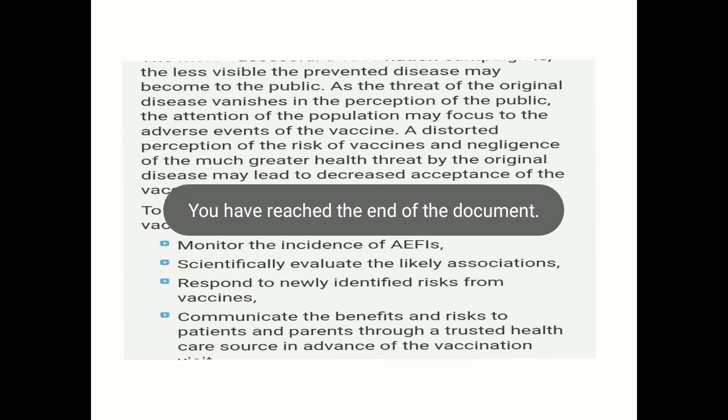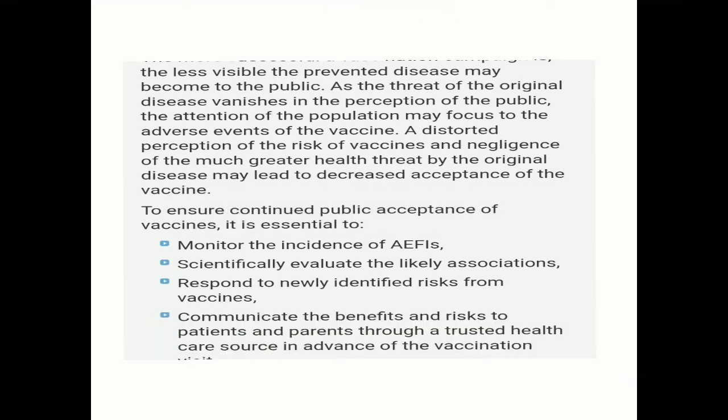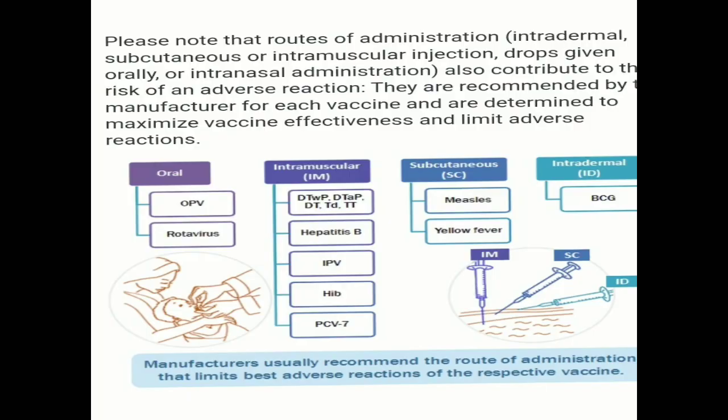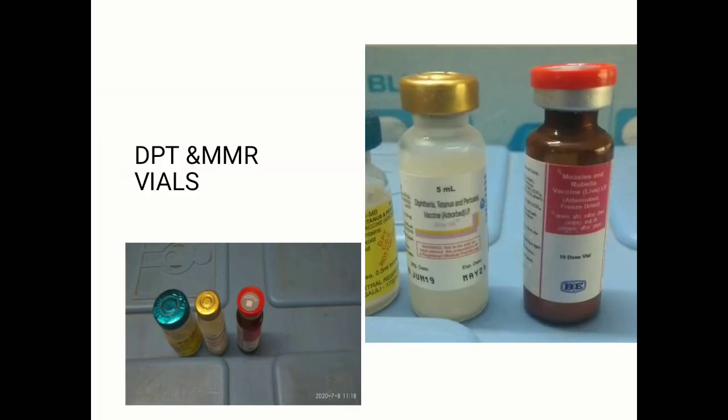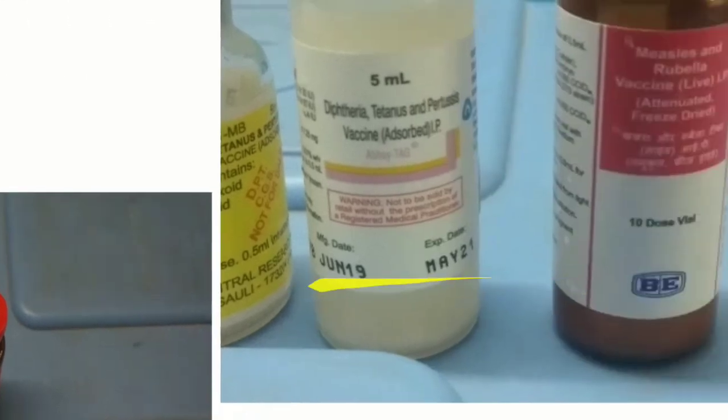So this is about the DPT MMR vaccine, usually kept as a spotter and short notes. Here this is the government supply, and you can see even the vaccine VVM monitor in the measles.